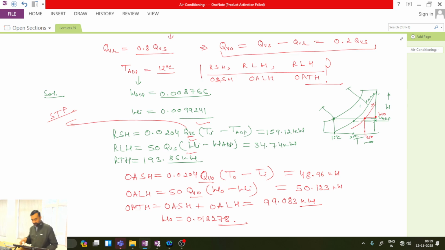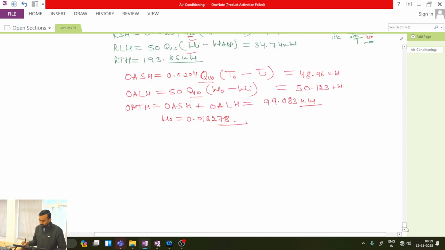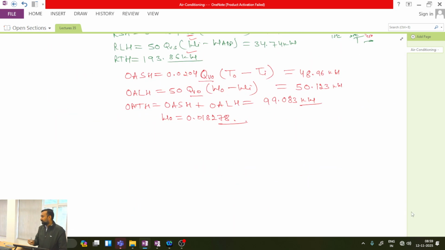For moist air, we generally follow the ideal gas equation. In the ideal gas equation, P is equal to rho RT, and when I have total pressure, that is a combination of rho RT for dry air plus rho RT for moisture. Temperature is the same.